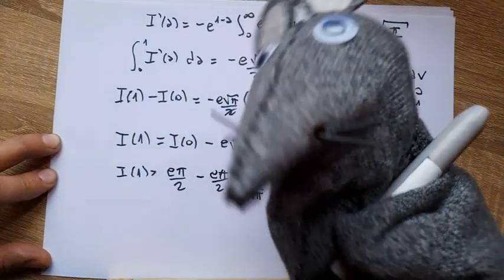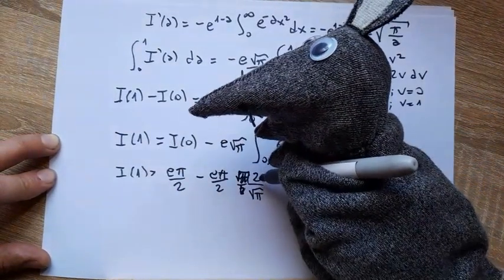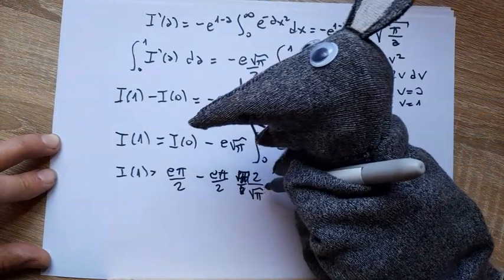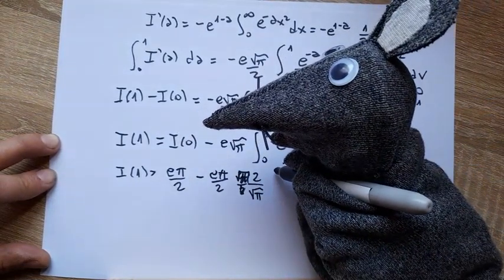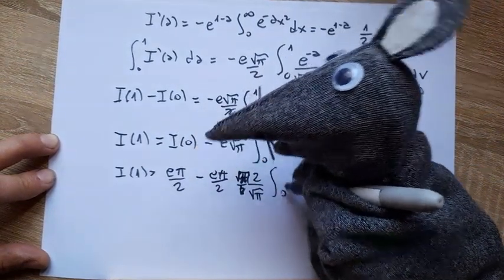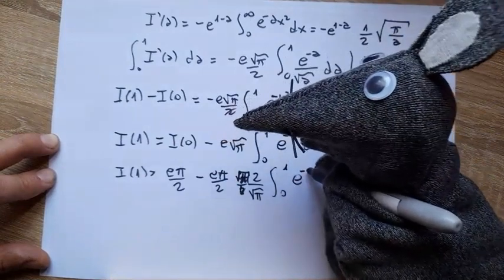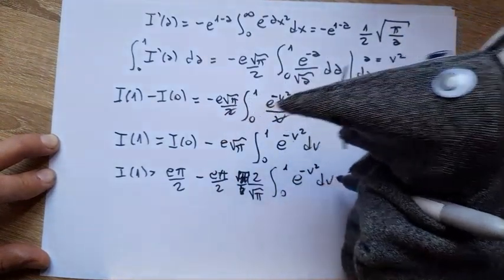So we multiply and divide by square root of pi over 2 times the integral from 0 to 1 of e to the minus v squared dv.